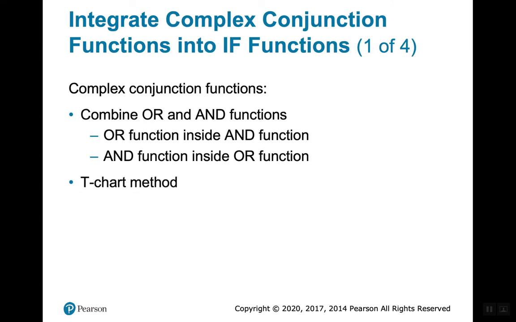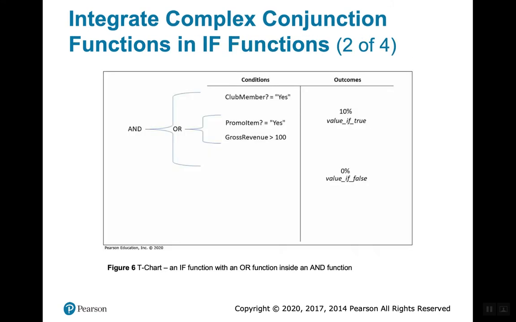All right. So the tool we use, we call the T-chart method. The T-chart method is really just a way of visualizing what logic looks like. In this case, we're going to check a combination of conditions. We're going to see if it's a promotional item, or the gross revenue is greater than 100.